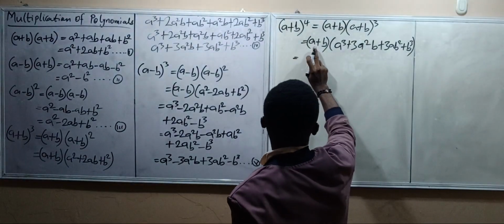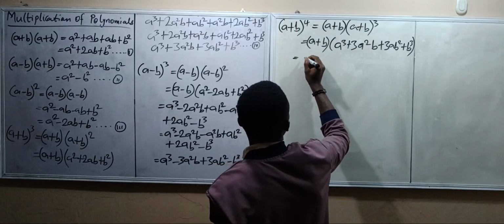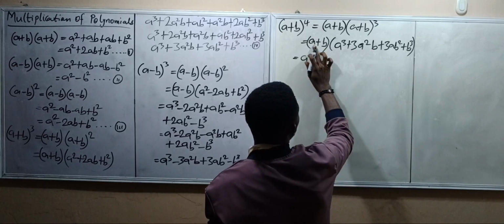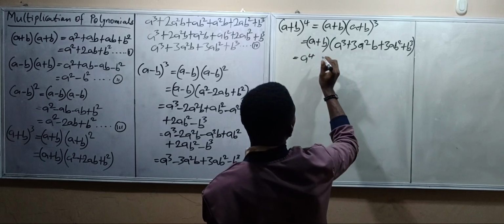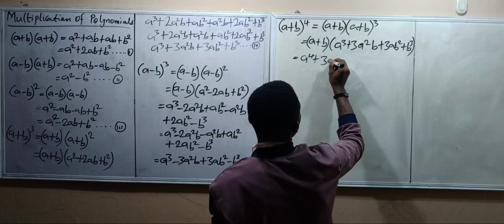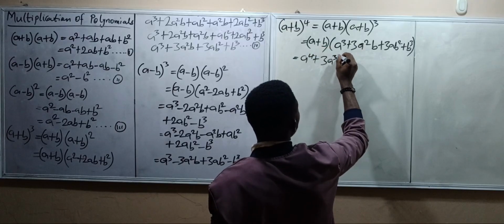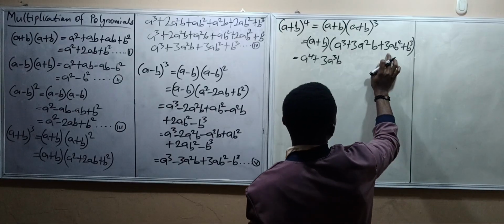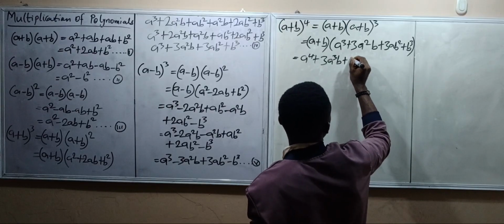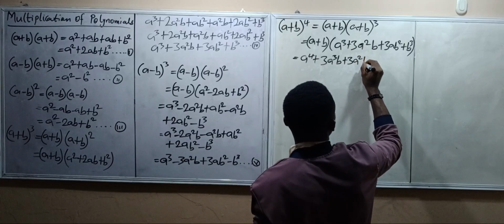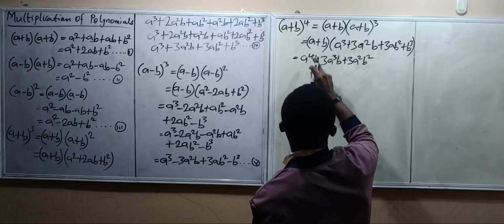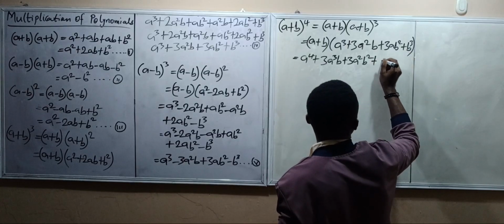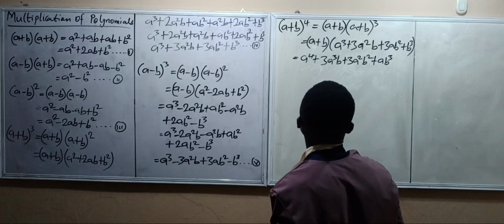And this is equal to, now we start with a times a³, that is a⁴. Now a times 3a²b will give us plus 3a³b. And now a times 3ab² gives plus 3a²b². And now a times b³, that is plus ab³. Now this is for a.